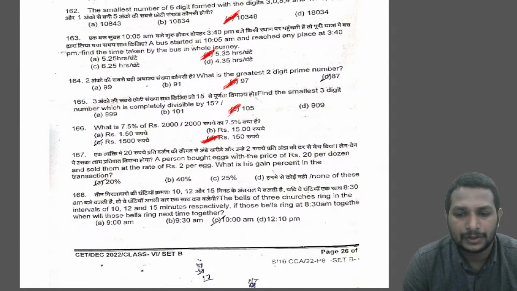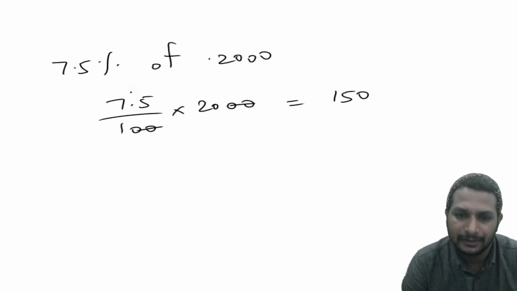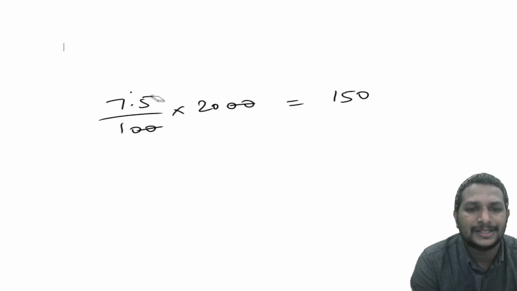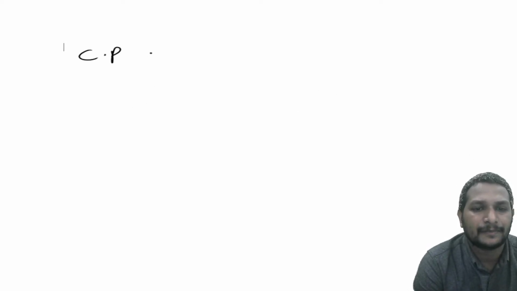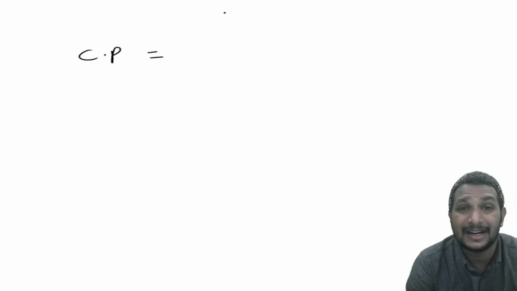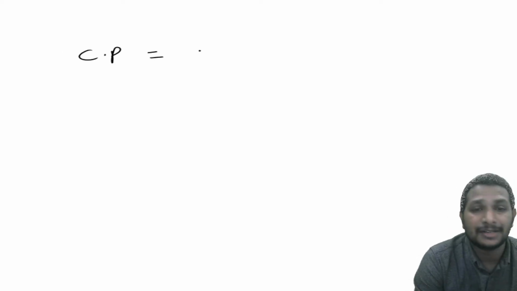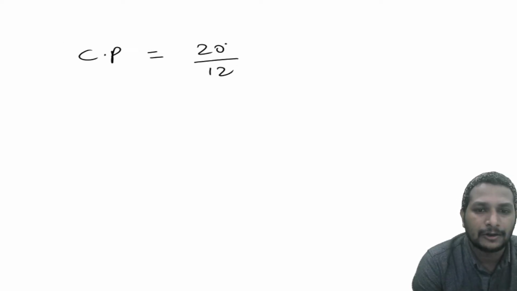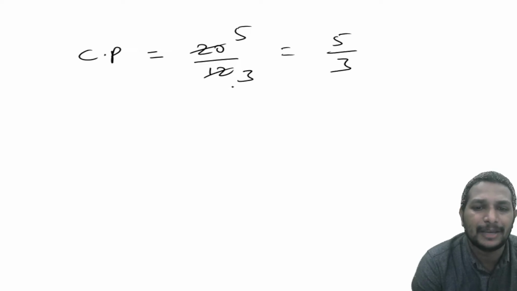As they mentioned, they are getting a gain. Let's see straight away: cost price of 1 egg, selling price of 1 egg. Cost price of 1 egg is how much for 1 dozen? 20 rupees, no? 1 dozen 20 rupees means each egg will be how much? 20 by 12, which is 5 by 3. So the cost price of 1 egg is 5 by 3.